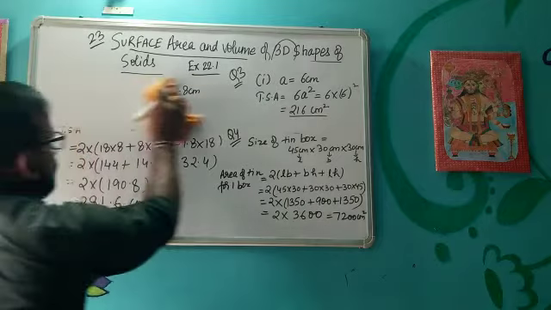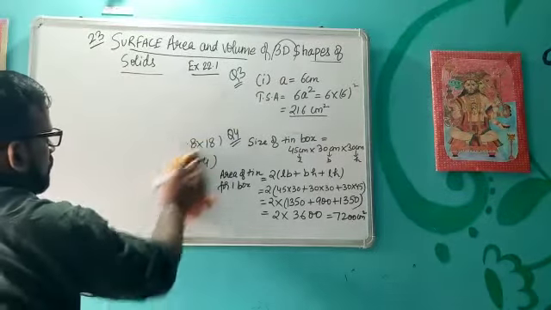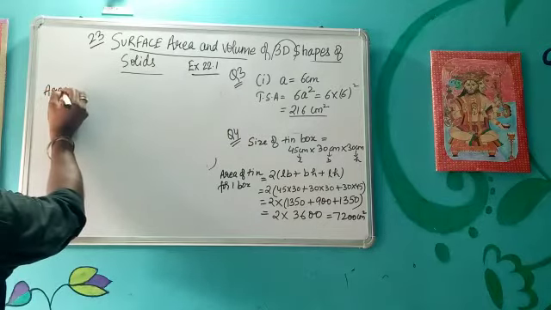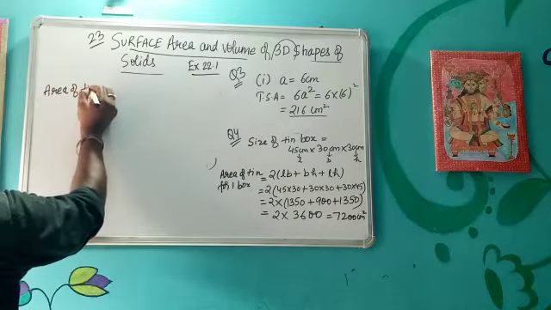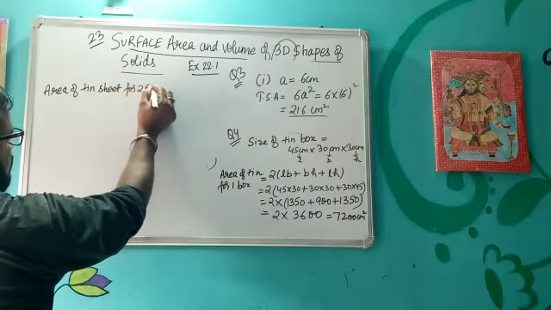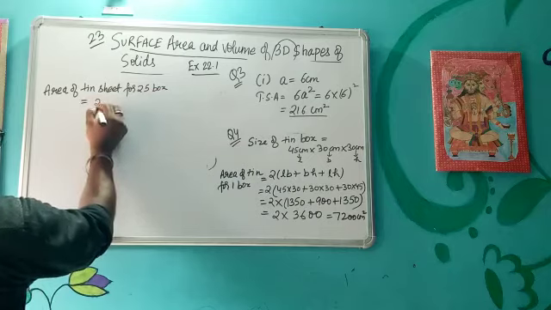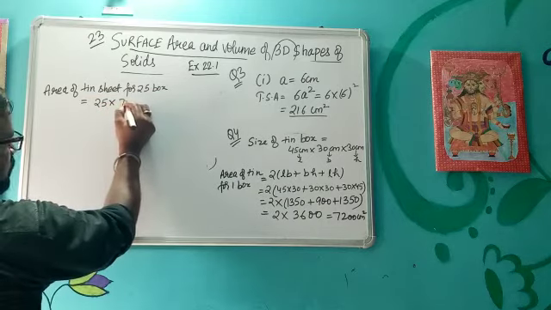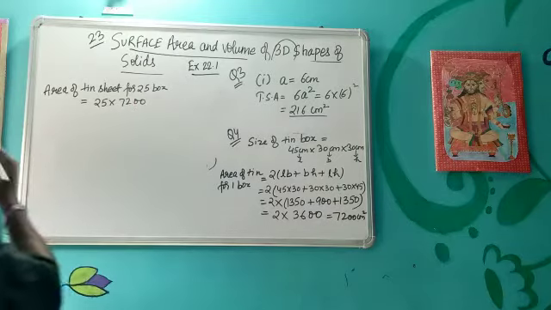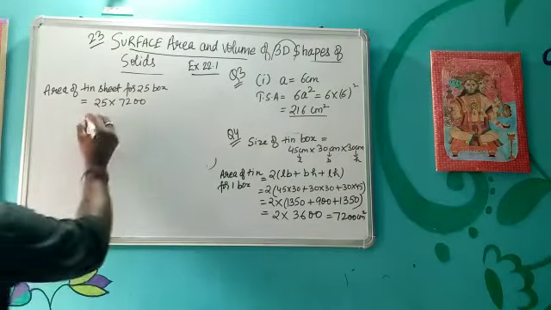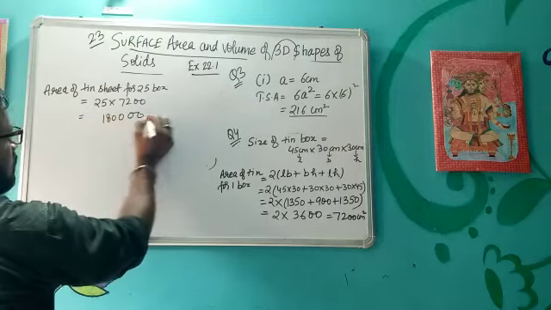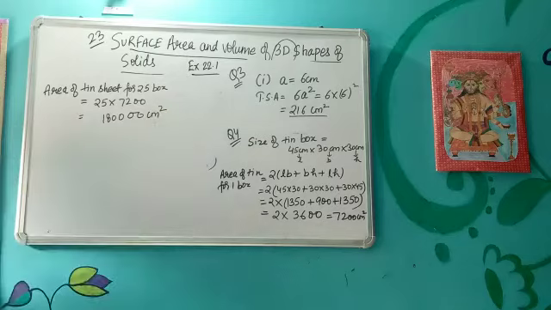So what we are going to do, area of tin sheet for 25 boxes will be 25 into 7200 centimeter square.